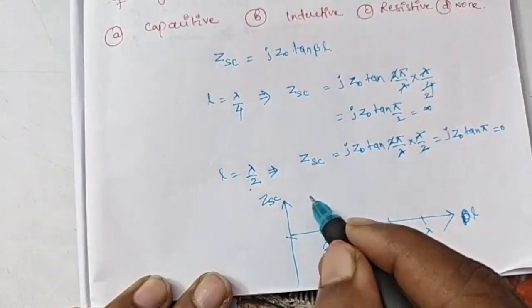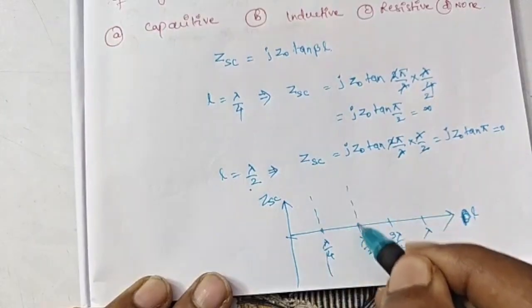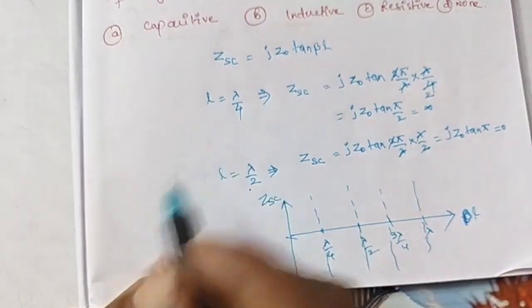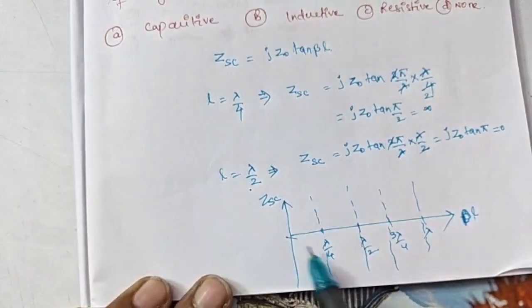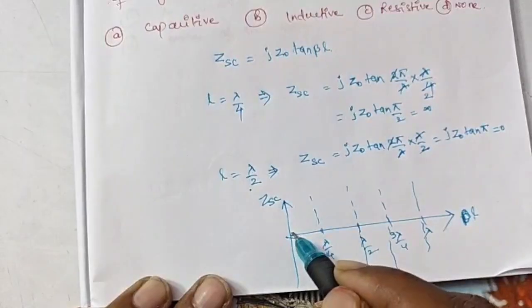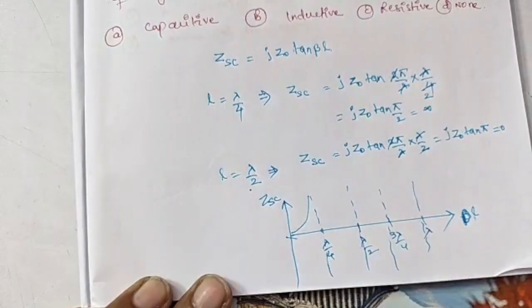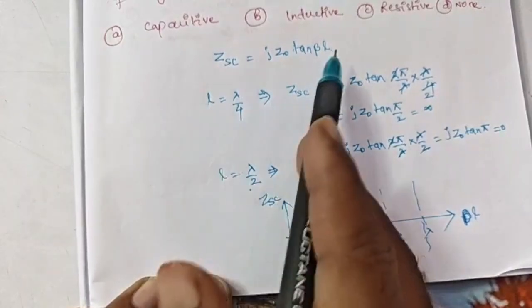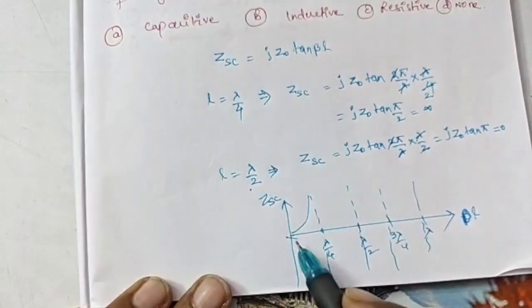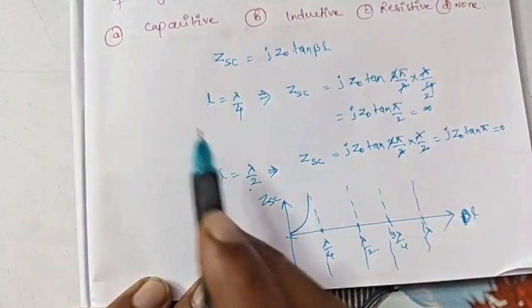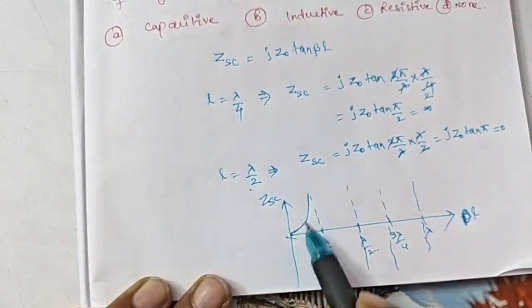Now let us draw vertical lines. See, if the length of the line is in between 0 to lambda by 4, it will be from 0 to infinity, because if I substitute L equal to 0, tan 0 is 0. So it starts from 0, and if you take the value from 0 to lambda by 4, it increases from 0 to infinity.